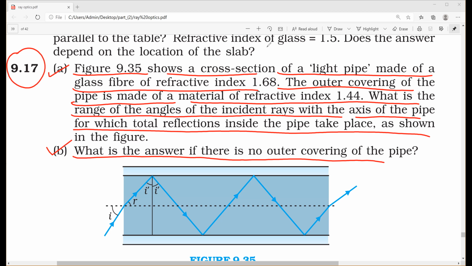The outer covering of the pipe is made of material of refractive index 1.44. What is the range of the angles of the incident ray with the axis of the pipe for which total reflection inside the pipe takes place as shown in the figure? The figure is given. And what is asked in B: what is the answer if there is no outer covering of the pipe? So let us see how to solve this one.